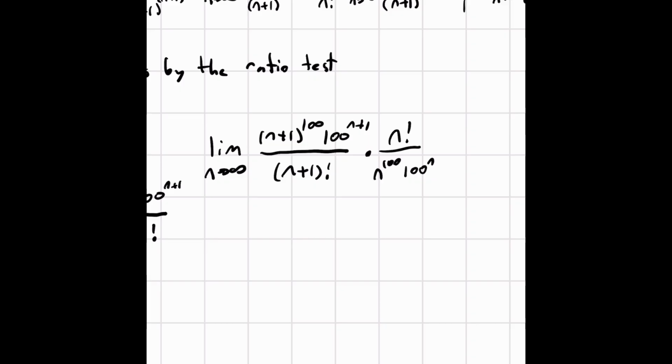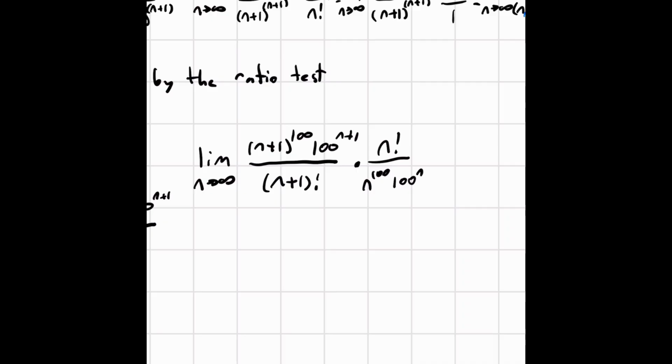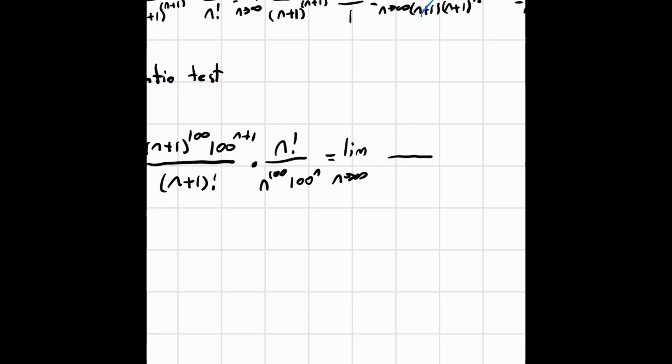A lot going on here. So by design, the factorial pieces are going to cancel, and you're left with n plus 1 in the denominator. That cancels the n factorial piece. You still have the (n plus 1) to the 100th, 100 to the n plus 1, over n to the 100th, 100 to the n.